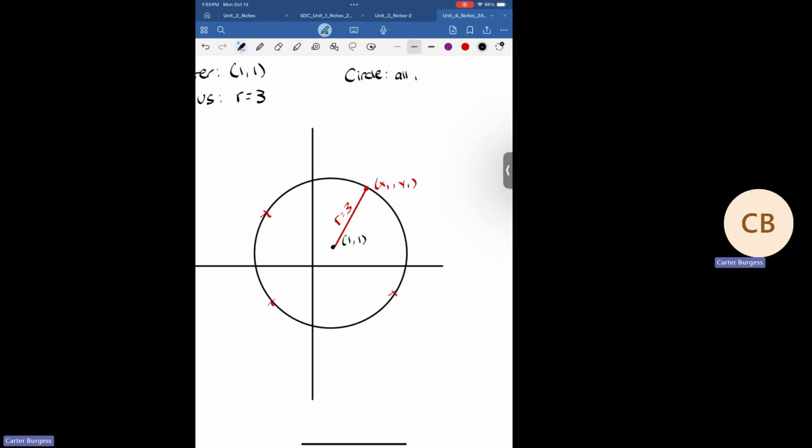All points that are a fixed distance r from a center. And that center we generally denote as h comma k. Or transformation friends. Go figure.